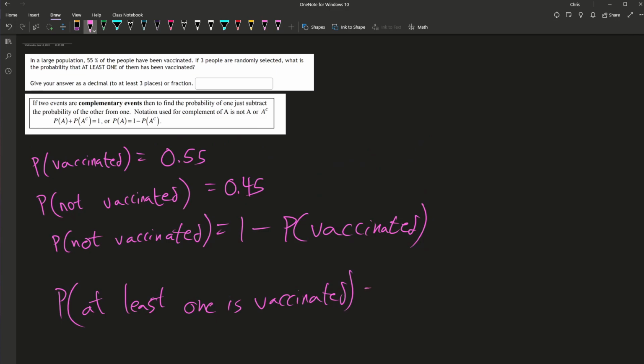This is the probability that one or more people are vaccinated.